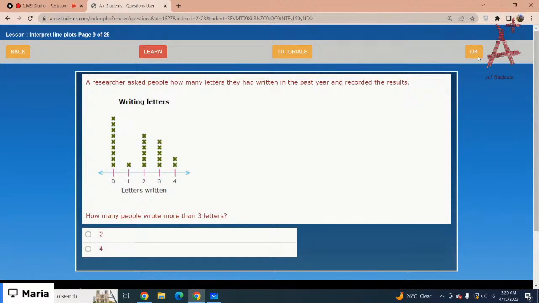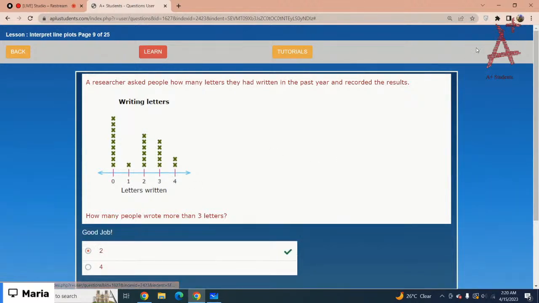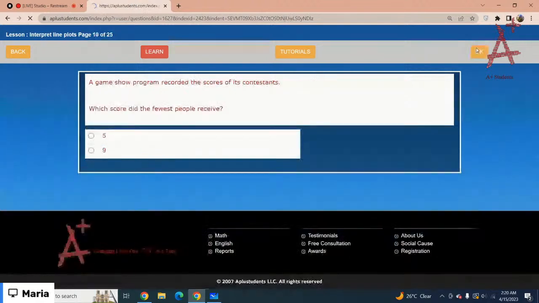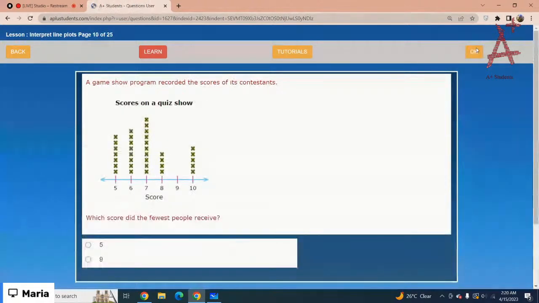And what is the frequency of 4? Yes, that would be just 2. No, you have to look at the frequency of 4. So, the frequency of 4 is 2.